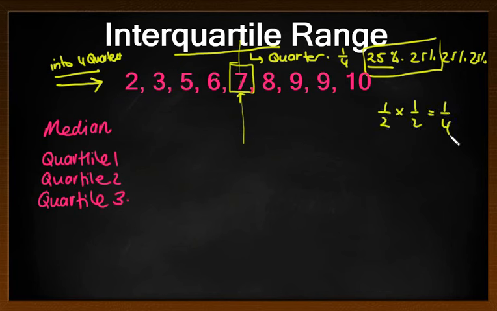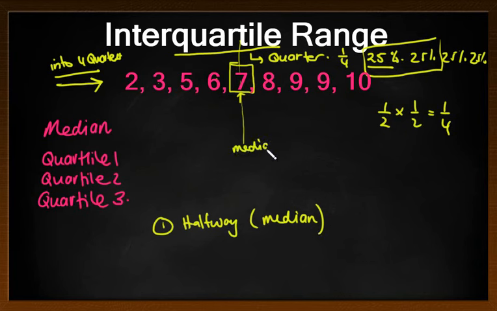Hopefully you know that a half of a half is in fact a quarter, and that's what we're trying to do. So the first step is to find the halfway point. And the halfway point, or the middle number, is referred to as the median. So that number there is what we refer to as the median.